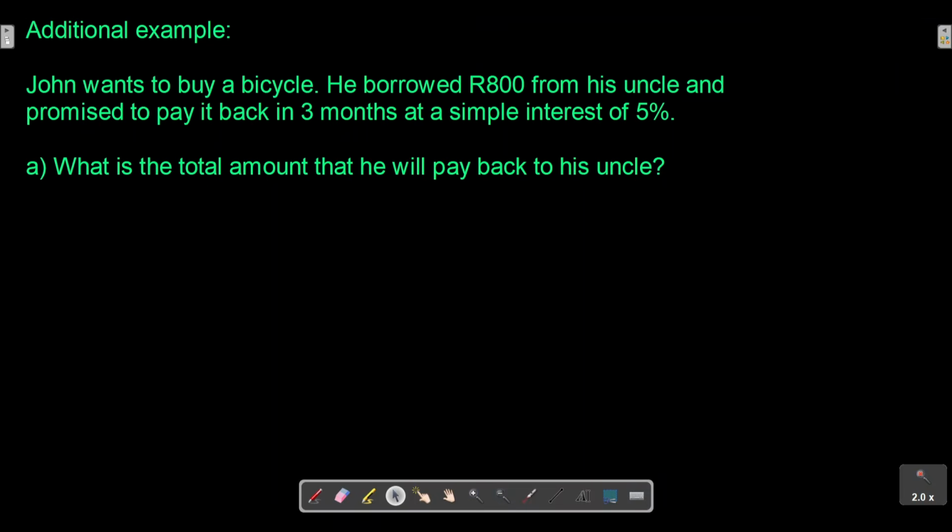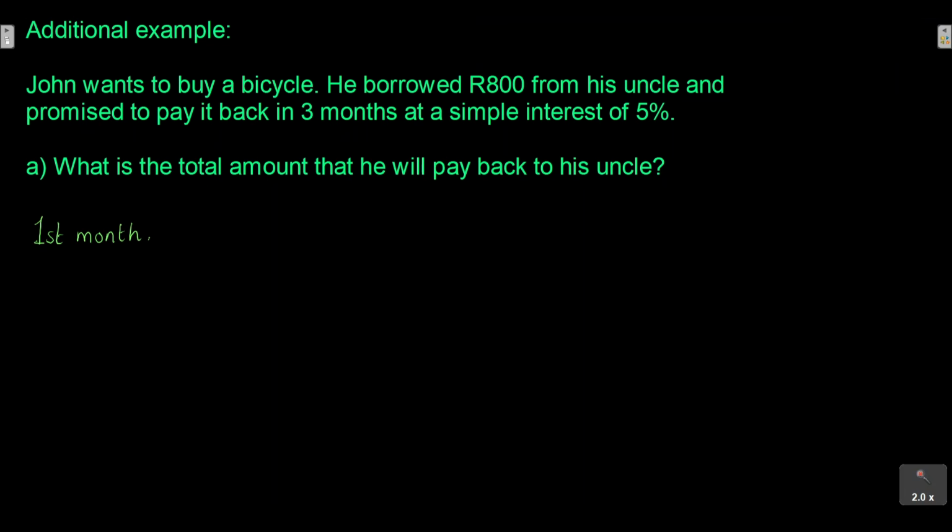In the first month, he will get charged an interest of 5% on the principal amount. In the second month, he will get charged an interest of 5% on the principal amount of 800 rand as well. And in the third month, he will get charged an interest rate of 5% on what? The principal amount, the initial amount. So interest is charged on the principal amount, on the original amount.